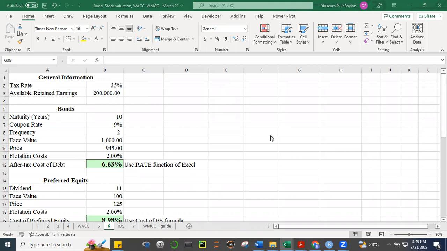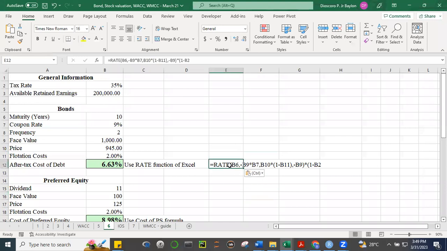How did you get 6.64%? Rate B6. Sir, for me po, hindi ko na i-input yung frequency po. Hindi ko po alam kung saan siya ilagay. Kaya same lang po kami ni Kim na ginamit.